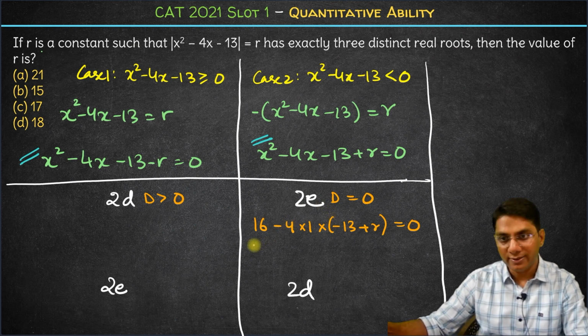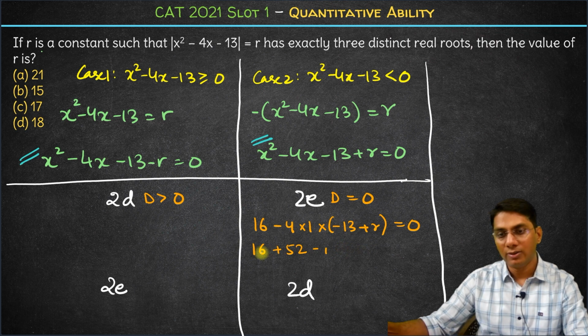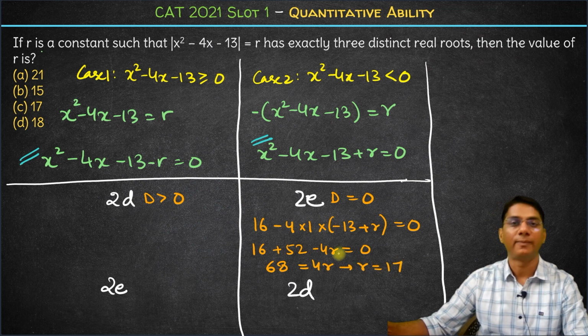So we have 16, minus 4 into minus 13 is plus 52, minus 4r is 0. 16 plus 52 is effectively 68, which is equal to 4r. So this gives us r is equal to 17.